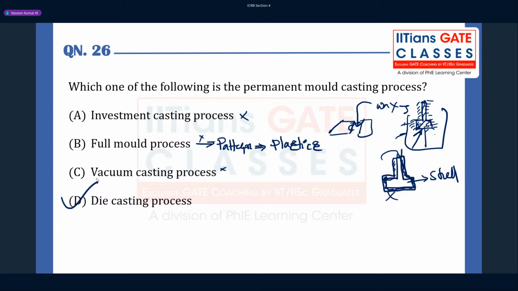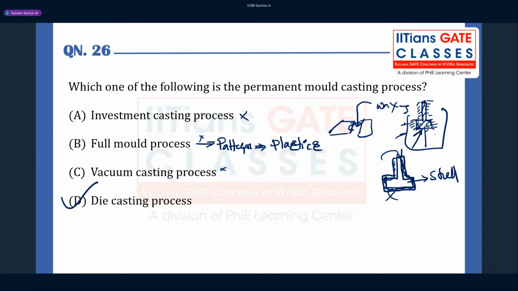So you're not destroying your mold before some iterations of the molding process. It can be done for highly complex shapes and high volume of production. The production rate is also very high because you are not destroying and forming the mold again and again. Hence, the permanent mold casting process is the die casting process.